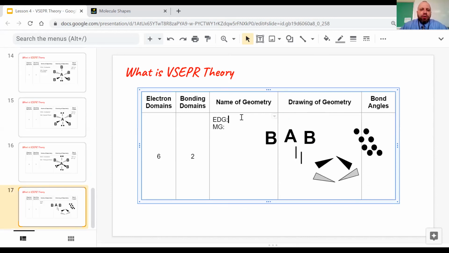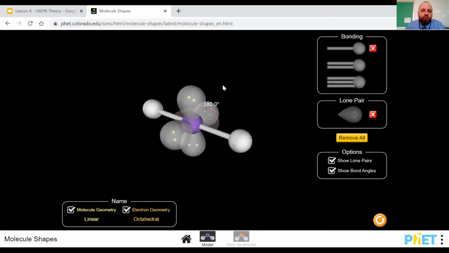Okay, we have reached our last example. So this once again will be octahedral. Our molecular geometry this time will go back to being called linear. So I'm going to make my drawing in just 1 second. So just to show you why it's called linear, you'll see this one bond angle of 180 degrees that remains here between the atom that is in the back left and this atom over here in the front right.